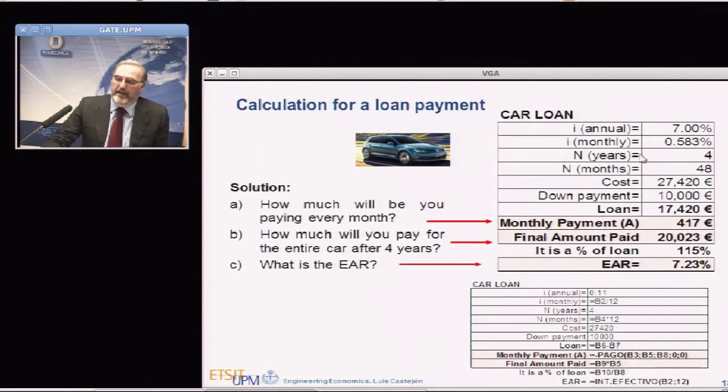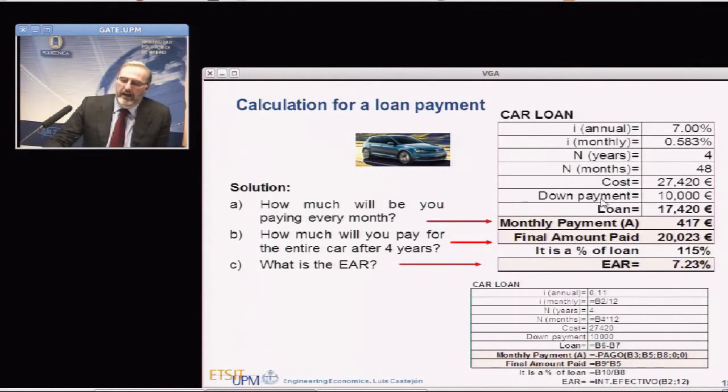As the payment is monthly, the number of periods for calculation will be months. So the number of payment periods is 4 times 12, which is 48 months. The cost of the car is 27,000.